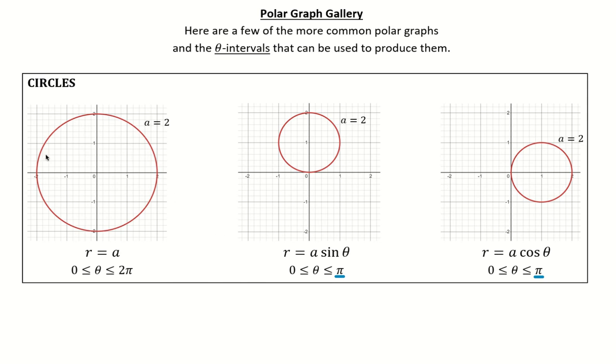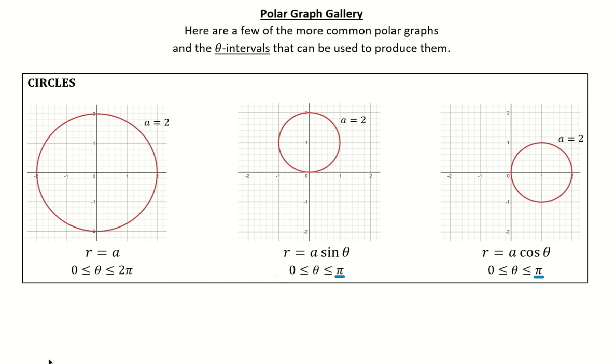So you could have a typical circle, r equals 2, okay, and the interval that produces the entire circle is 0 to 2 pi, because it goes all the way around. But there are certain graphs, like this kind of circle, r equals 2 sine of theta. This circle gets produced only by using the interval from 0 to just pi.